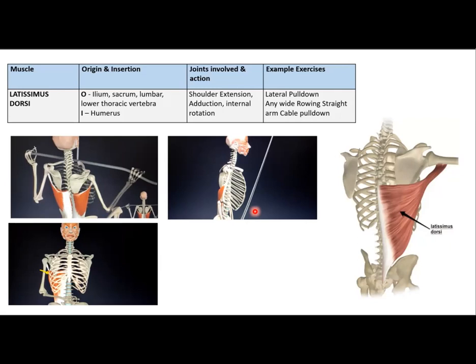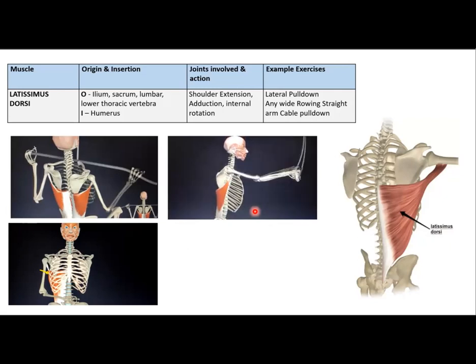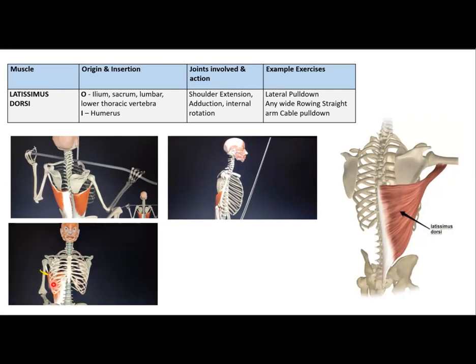And check it out, it also works when you're doing a straight arm pull down, this is your shoulder extension, standing. It also works your latissimus. And this one is the internal rotation.